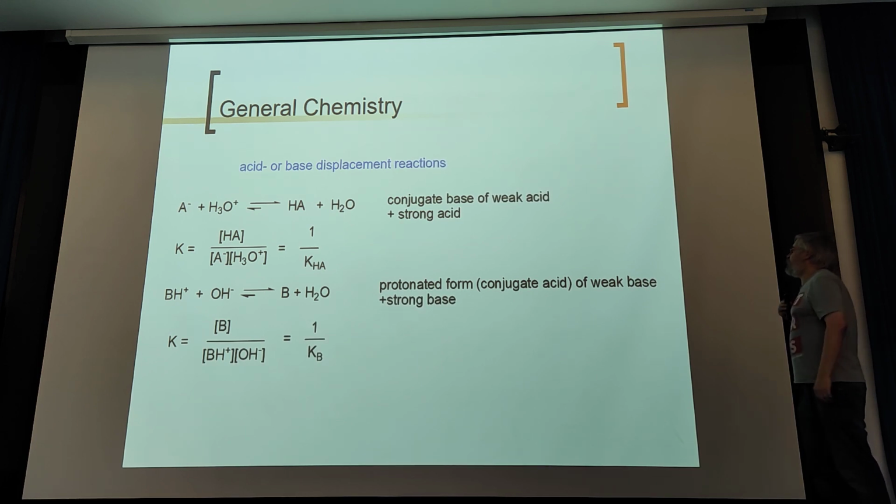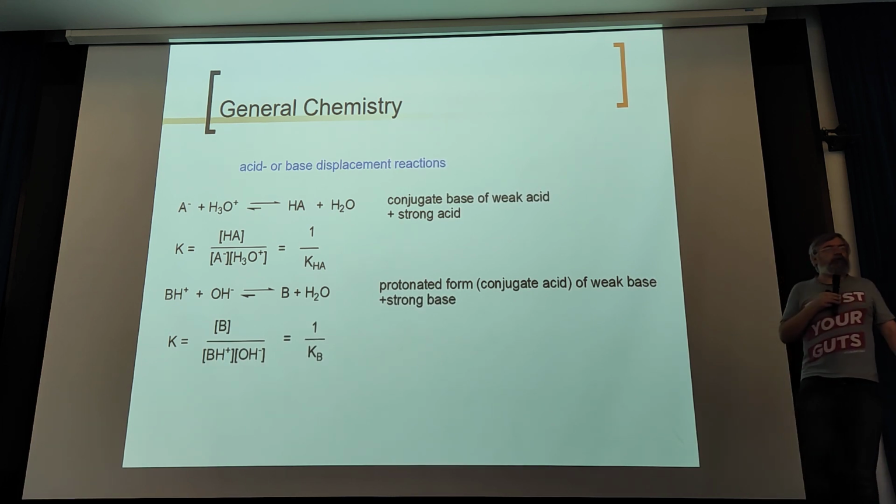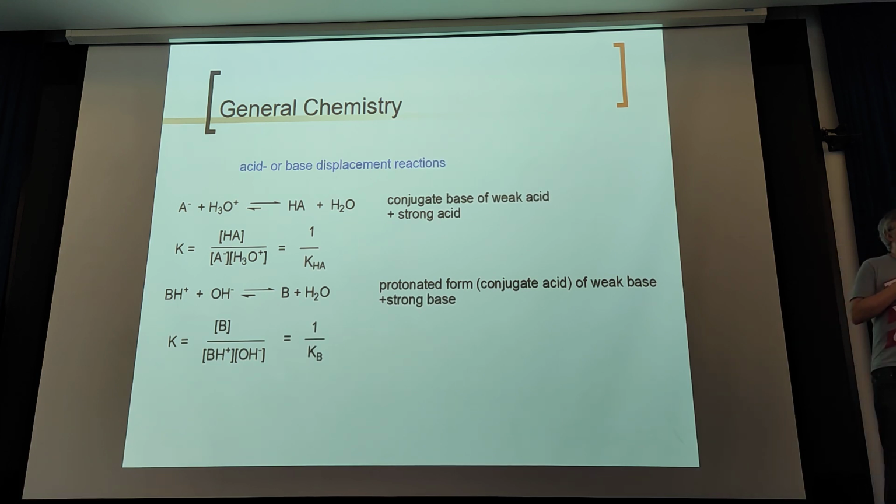What about displacement reactions? We can do such displacement reactions with acids and with bases. Let's look at several cases after each other. H3O+ is actually referring to strong acid.